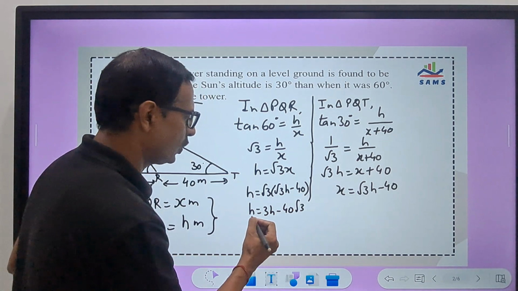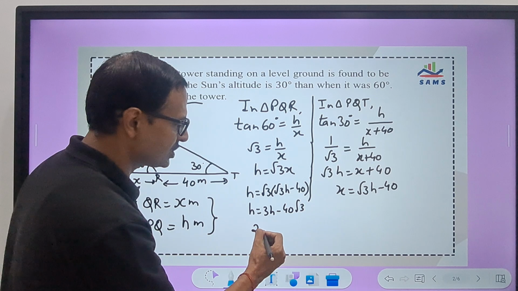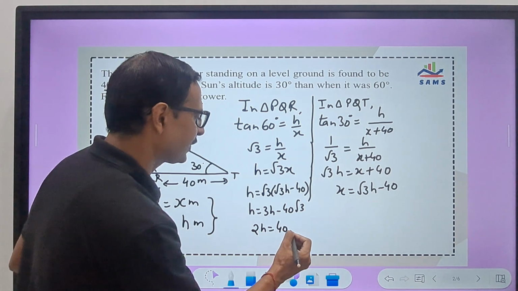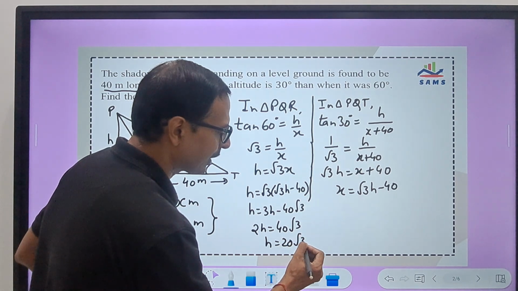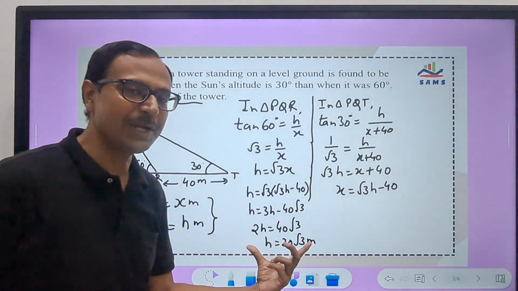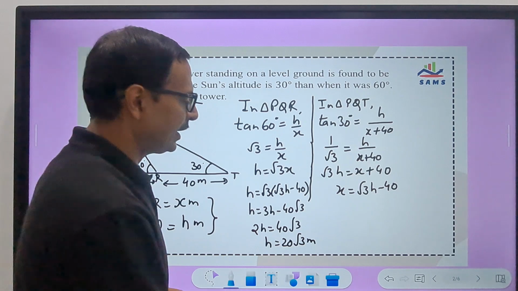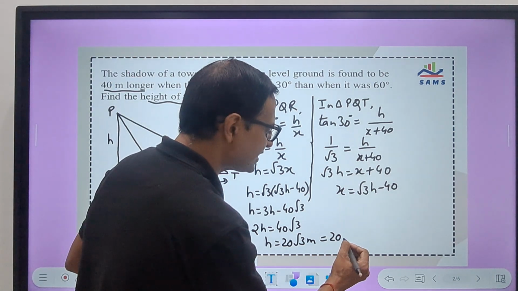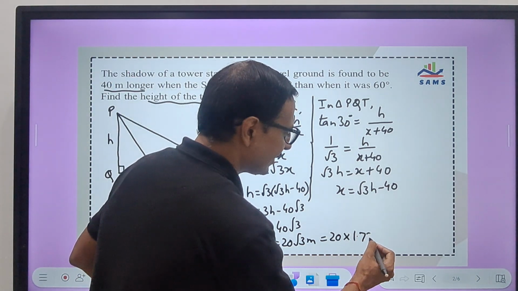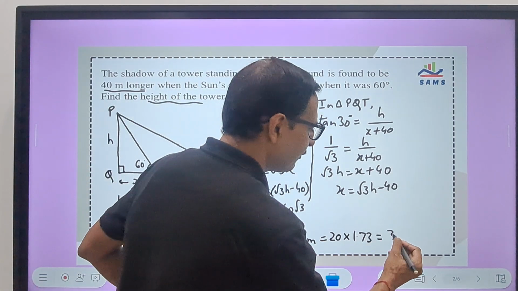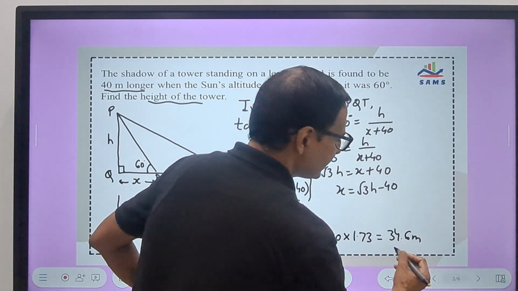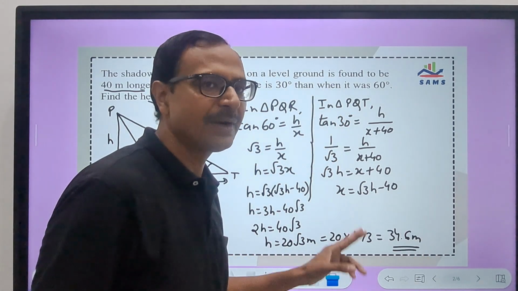So 3h minus h is 2h equal to 40 root 3, and so the value of h is 20 root 3 meters. So the height of the tower is 20 root 3 meters. Obviously you can now convert it into decimals by putting root 3 as 1.73. So this is 17.3 times 2, which is 34.6 meters, which is the answer for this particular question.